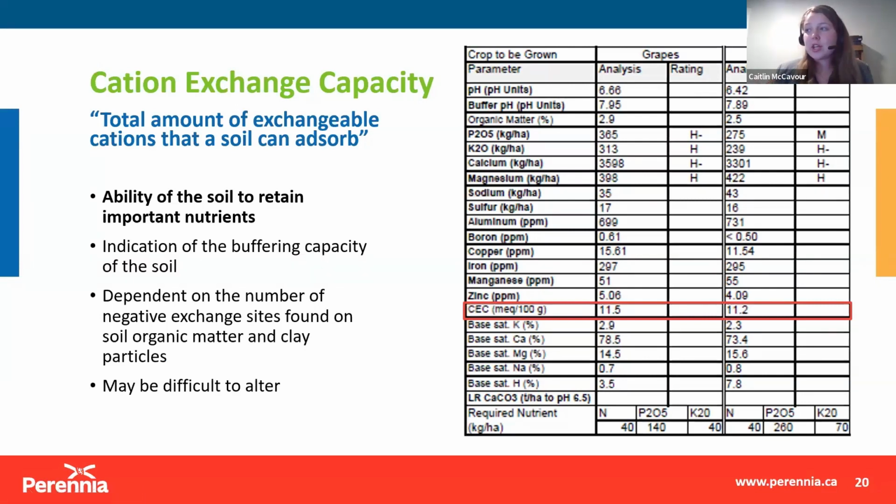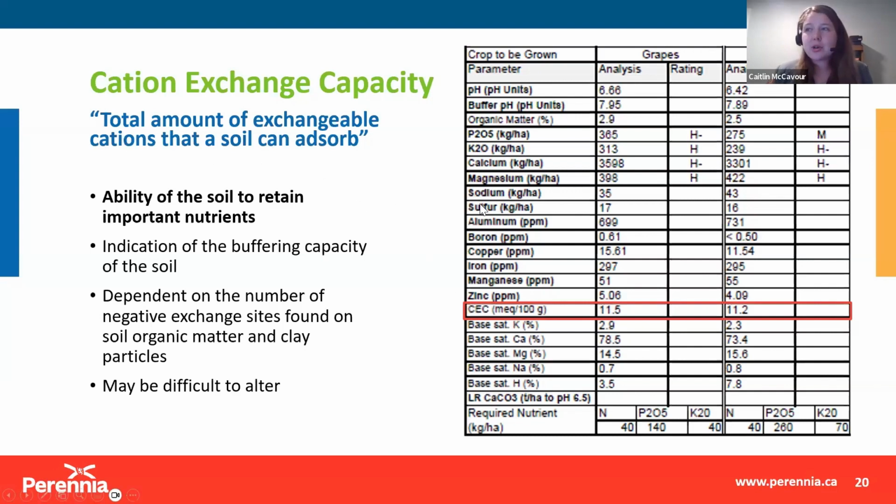So the last 2 things I'll talk about before we get into questions are the cation exchange capacity and base saturation. Really, when I'm looking from the lens of a producer, I'm looking at the pH, organic matter, your macronutrients, and making sure there are no anomalies in your micronutrients. And then I might glance at this cation exchange capacity.